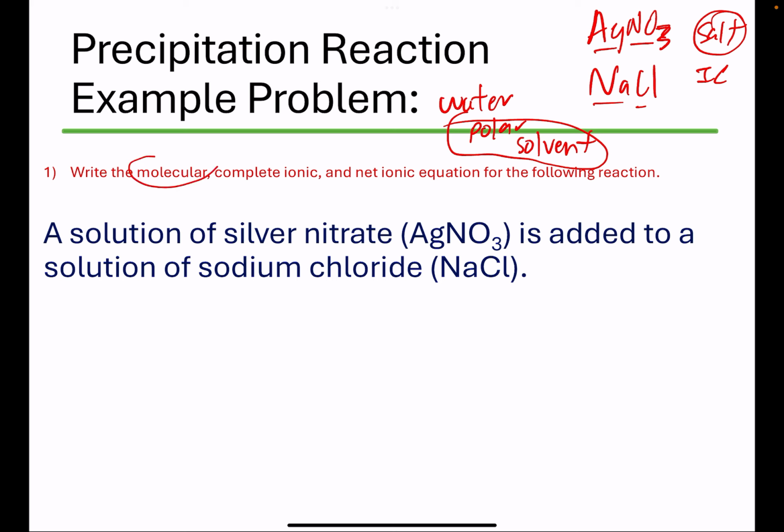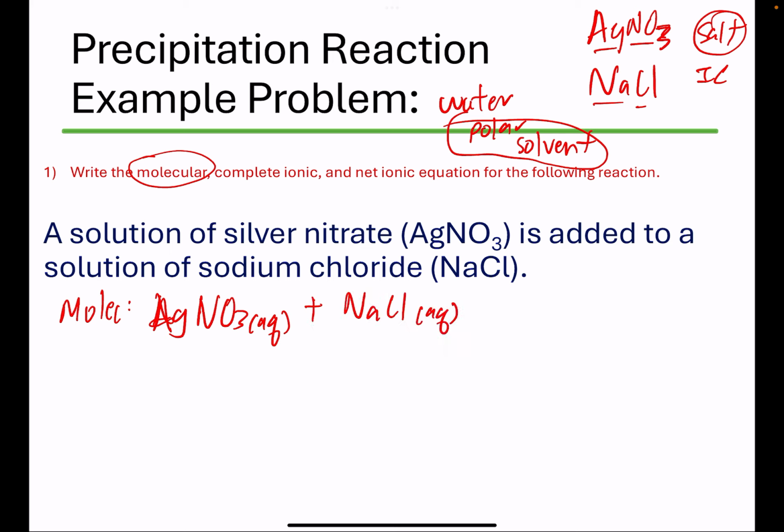So what is the molecular equation? I'm gonna simplify the molecular equation. It's gonna be our silver nitrate, AgNO3, aqueous, plus our sodium chloride. Those are just the given, right? They let us know that those are the two that are gonna react with each other.